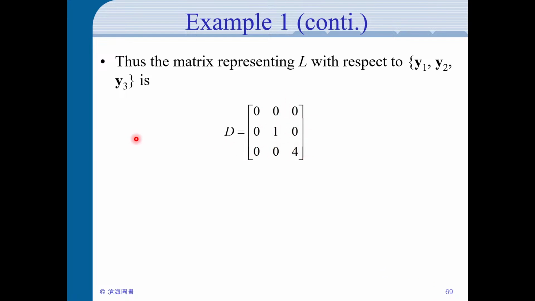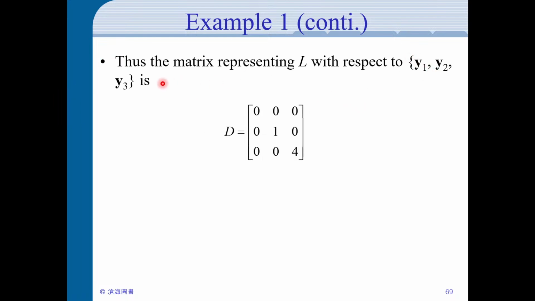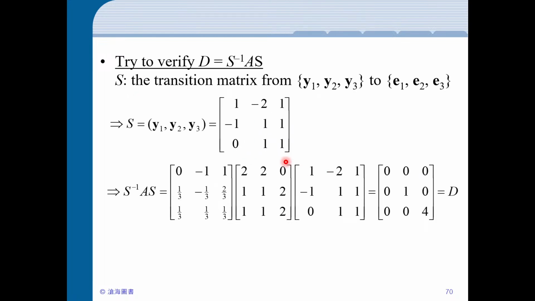This is something we'll do more in chapter 6, where we want to find the diagonal representation of a matrix or a linear operator. But that's for later. Anyway, in terms of y1, y2, y3, L has a very nice representation: y1 is mapped to 0 times y1, y2 is mapped to 1 times y2, and y3 is mapped to 4 times y3.